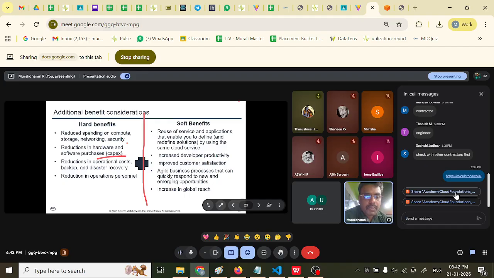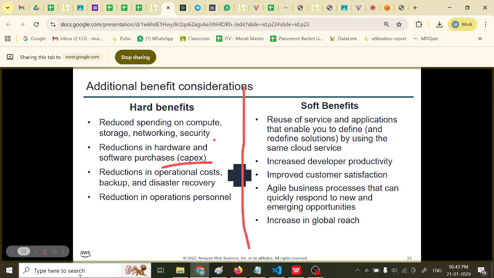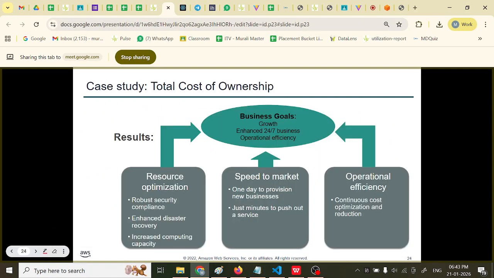I told you the example of Zomato, right? Do you remember? Yes. In Zomato, millions of people, millions of sellers, millions of delivery boys are working, but still the customer satisfaction is proper, right? So, an agile business process, quicker and faster, and increased global reach. So we can reach globally faster as well. So these are the soft benefits here.